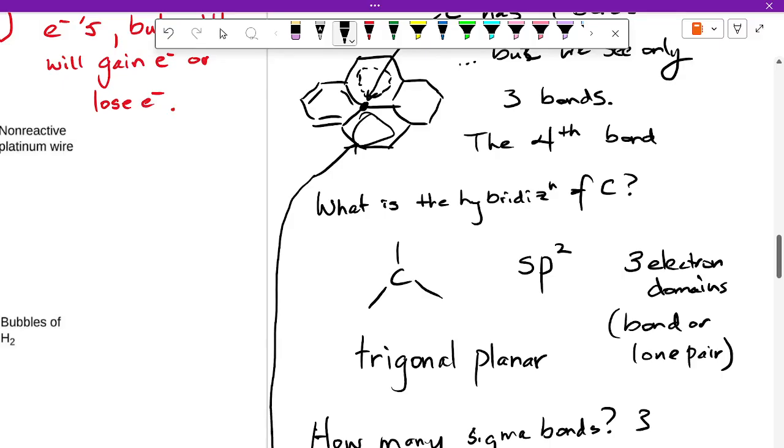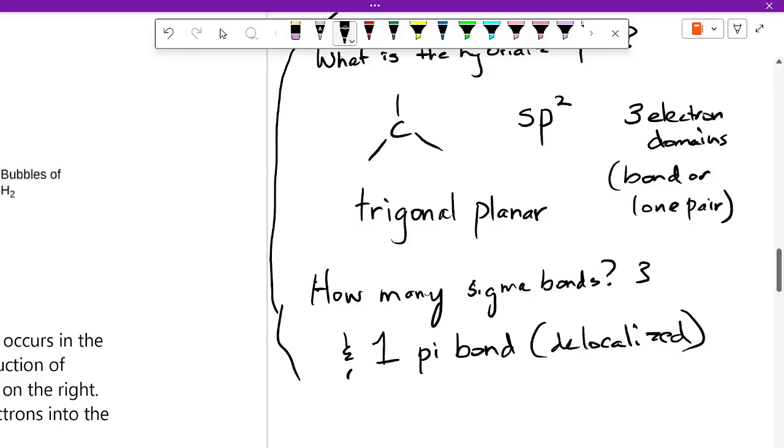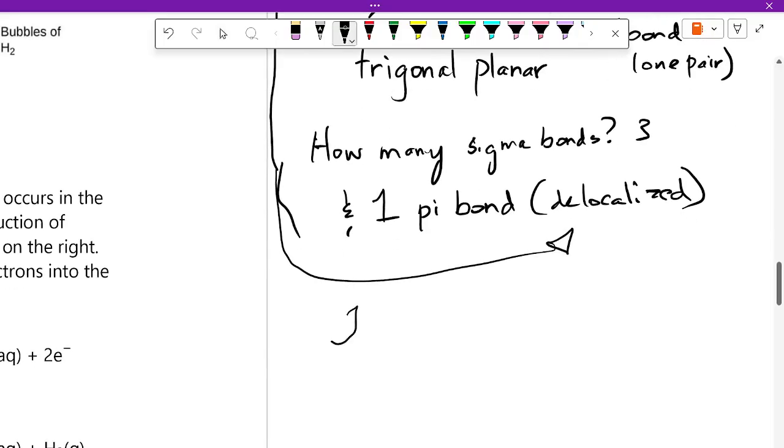So this is a delocalized pi bond. So we have one pi bond, which is delocalized. And it is those delocalized pi bonds that can flow across the sheet.